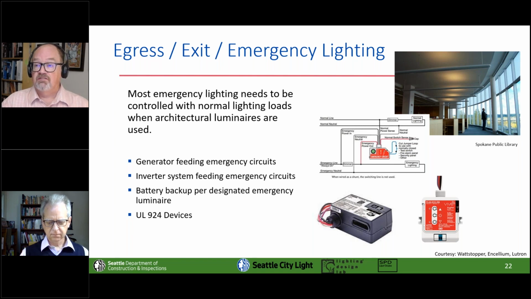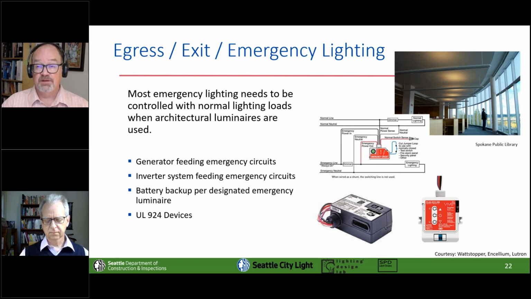The good news is that with modern network lighting controls, many of the manufacturers, the actual power packs that they are using, here's an example from Acuity and another from Lutron, and then there's a UL924 device from Wattstopper there.